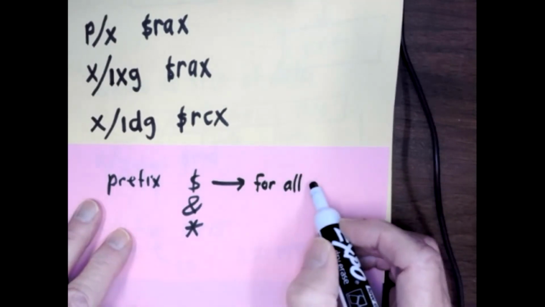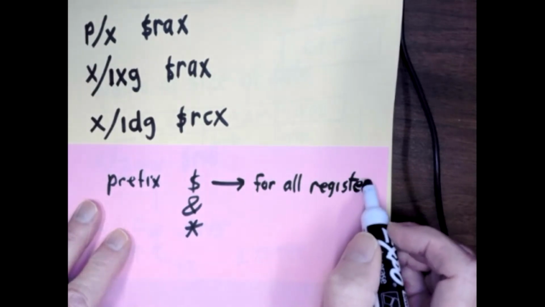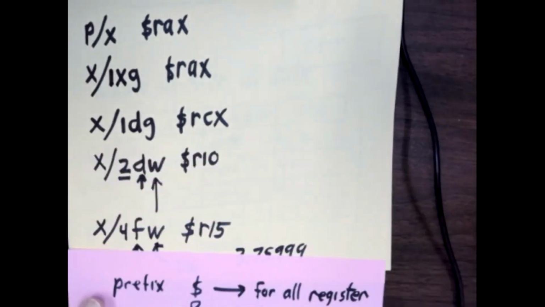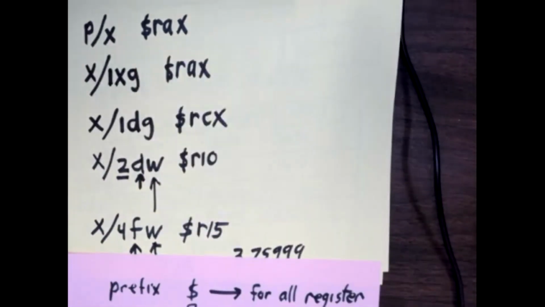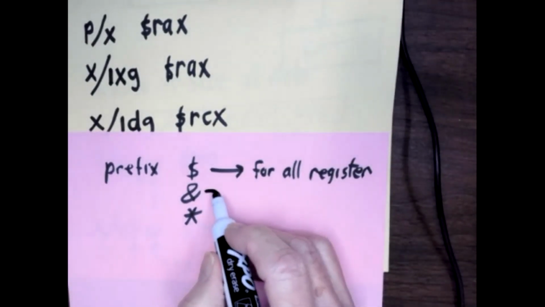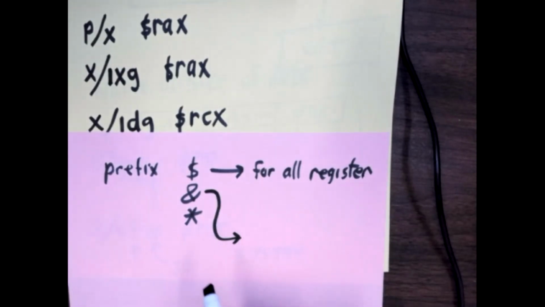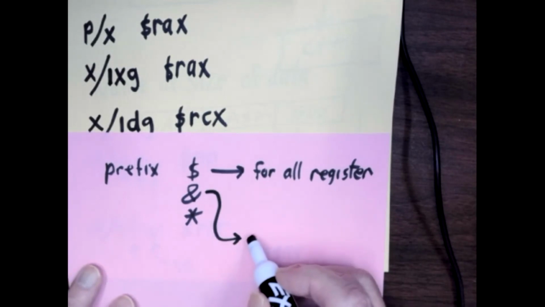All registers. XMM included. Like back here, I've got a $sign in front of every one of those. Okay. Just like in ordinary C++ programming, ampersand means address of what follows.